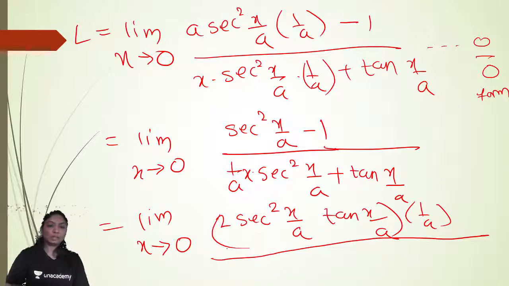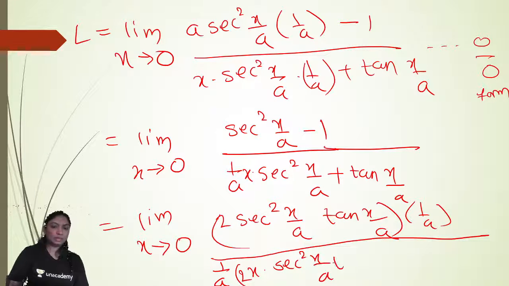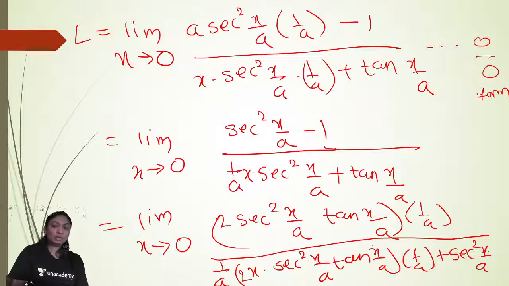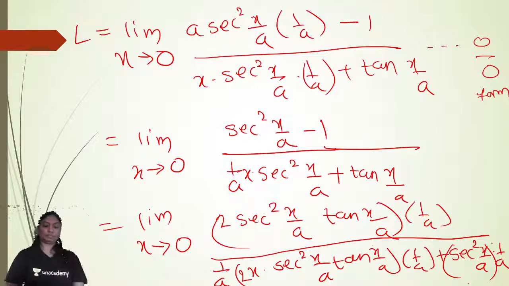Okay. Here 1 by a as it is into first into derivative of second. So x into 2 into sec square x by a into tan x by a upon 1 by a plus sec square x by a into 1 by a, right?